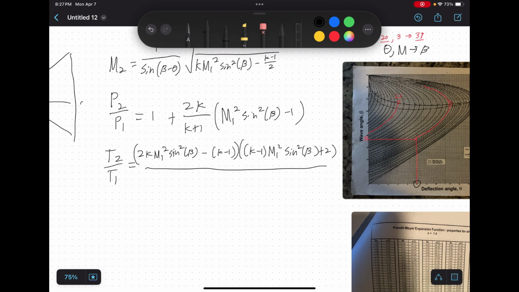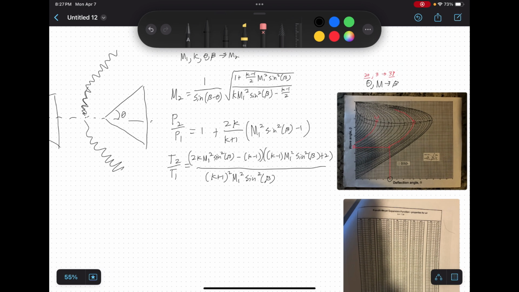All right, so far I think it looks good. Stuff on the bottom. Okay, there you go.